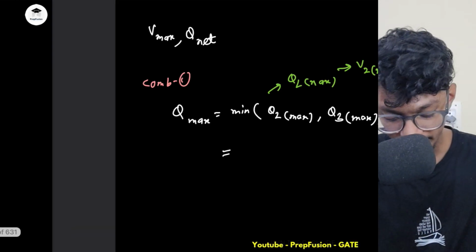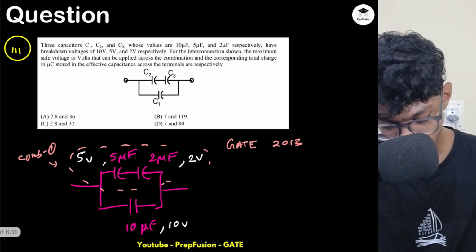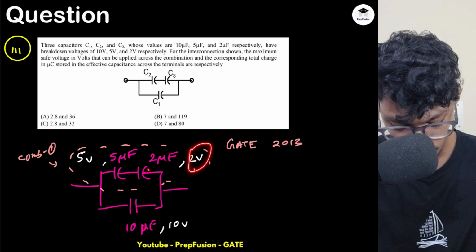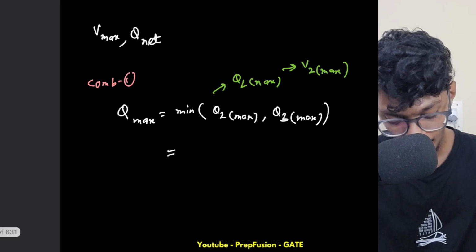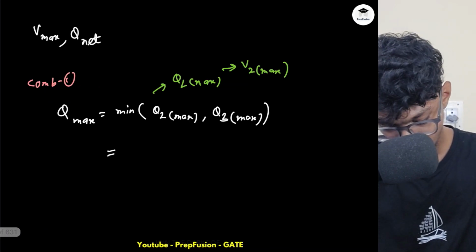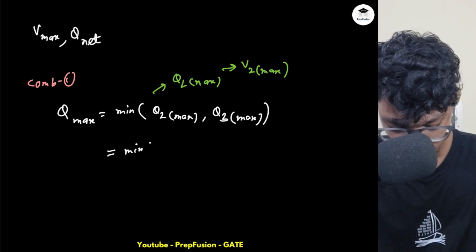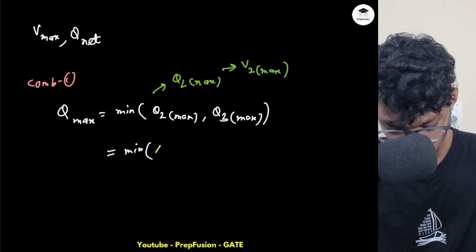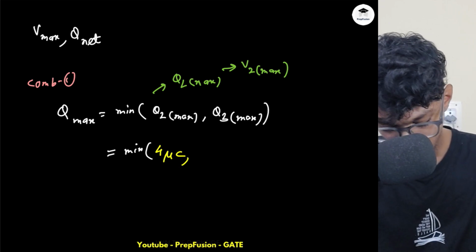Q max will be V max into C, so it is 2 times 2, which is 4 microcoulombs, minimum of 4 microcoulombs.